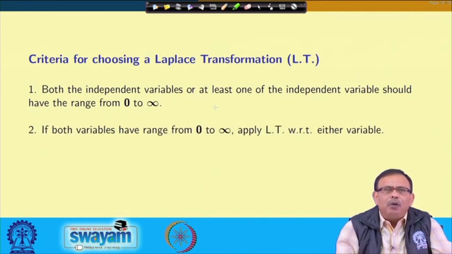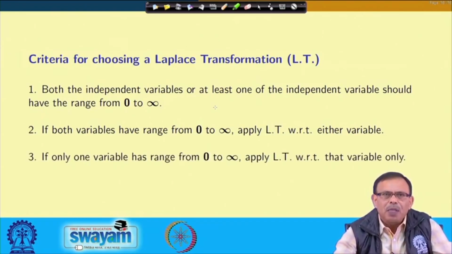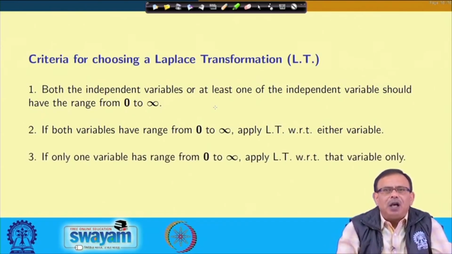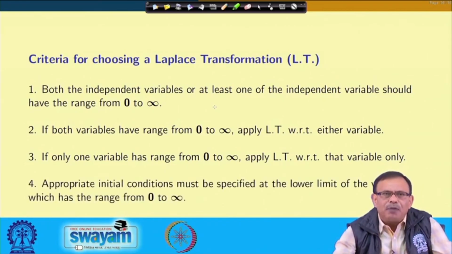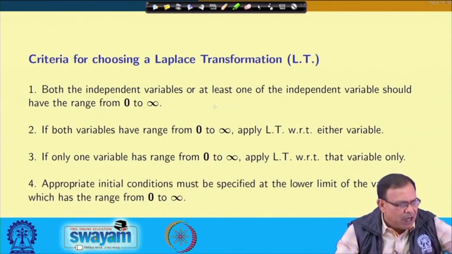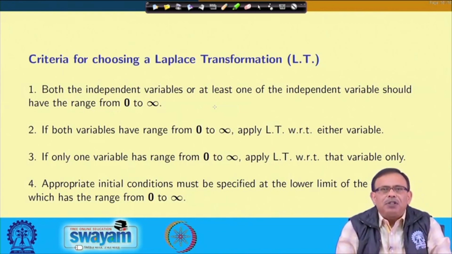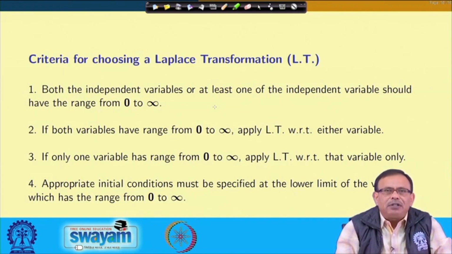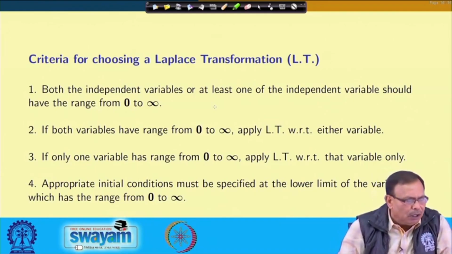Next, if both the variables have range from 0 to infinity, you can apply Laplace transform with respect to any one of the variables, quite obviously. If only one variable has the range from 0 to infinity, then you apply Laplace transform with respect to that variable only. Number 4 is important: appropriate conditions must be specified at the lower limit of the variable.